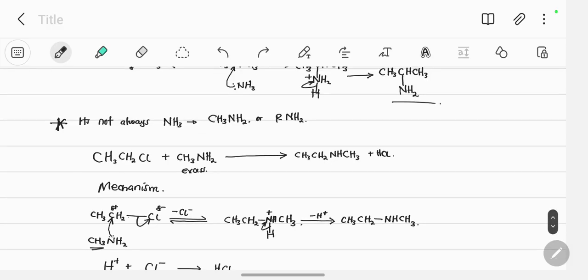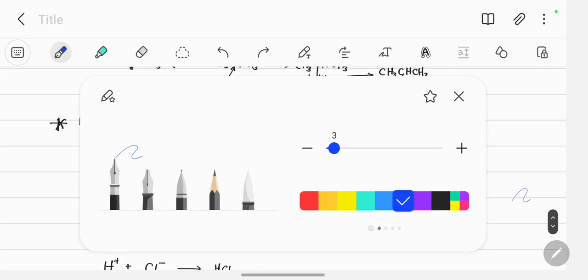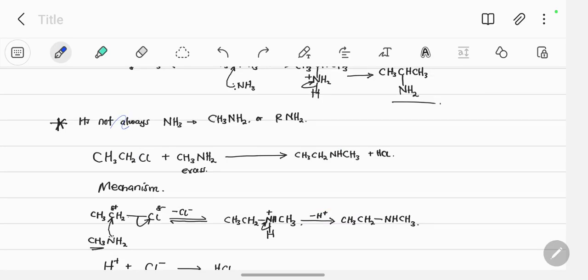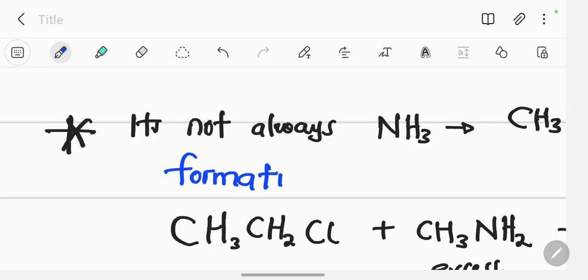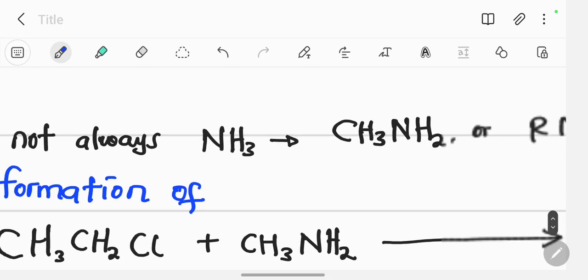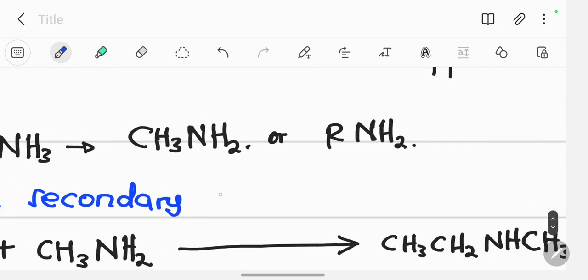So this one was, I'm going to summarize it as formation of secondary amines.